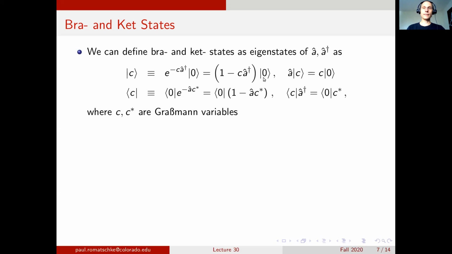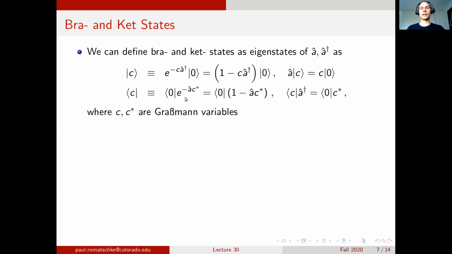And similarly, the lowering operator A acting on C we define as just C times the 0 state. Similarly, for the bra C, we define this as the action of the operator e to the minus A c star acting to the left.